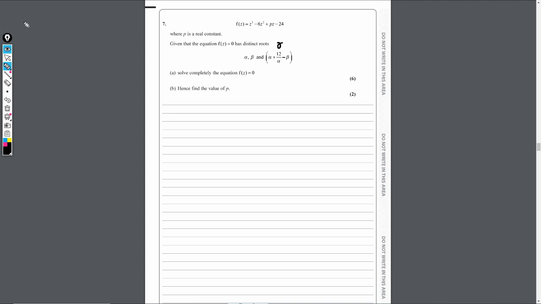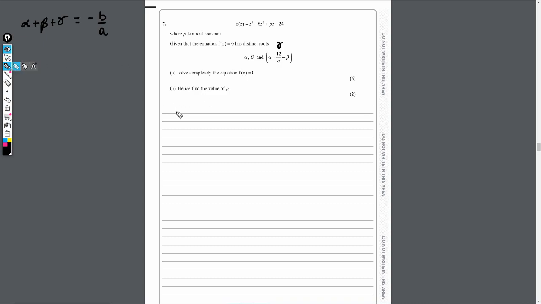So I know alpha plus beta plus gamma is going to be equal to minus b over a. My b here is minus 8, so minus b is 8, so it's going to be 8 over 1. So alpha plus beta plus gamma, but my gamma is this here, so let's substitute that in.